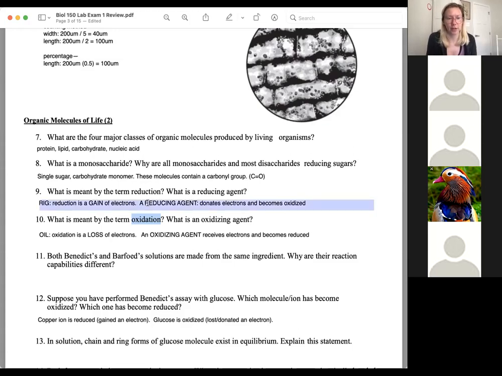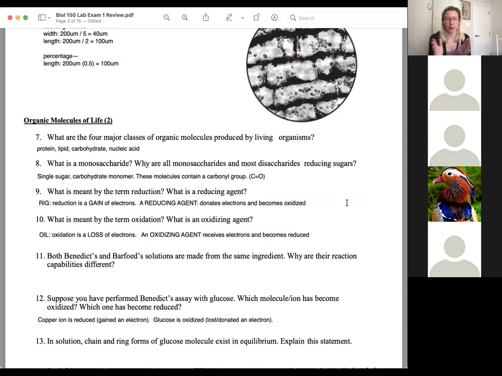Just like it says here, a reducing agent becomes oxidized. It's losing electrons because it gave them up to whatever was being reduced. And an oxidizing agent becomes reduced, because it has received electrons.